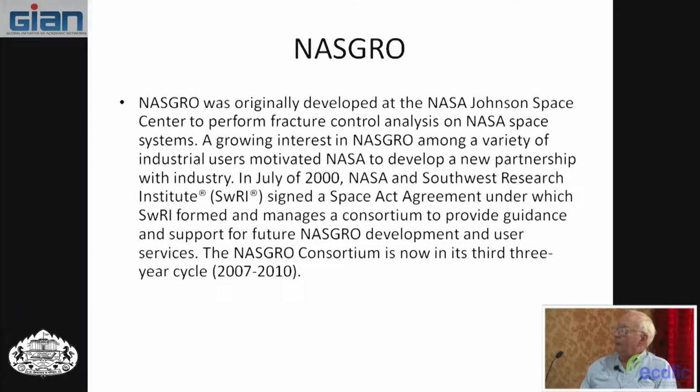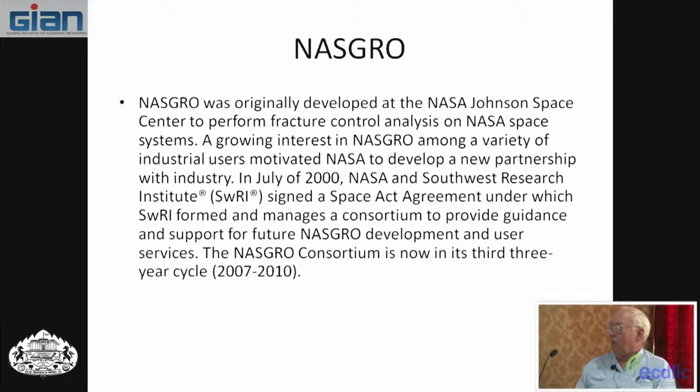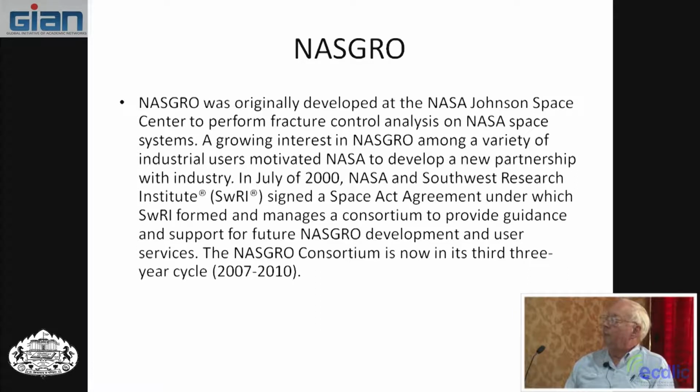So they started in 2000 to develop this software, and they redid it 3 times. So the third cycle was done about not quite 10 years ago. So it's available, as I said, and since it's done by a U.S. government agency, it has to be free to users.